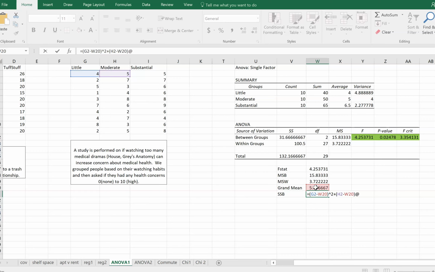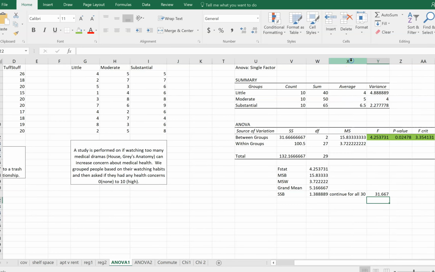And you would continue this all the way through all 30 numbers. And that's when you would get the number up there, 31.667. You would get that if you continue that formula for all 30. Due to time, I'm not going to do that.